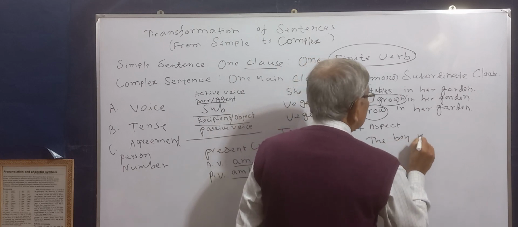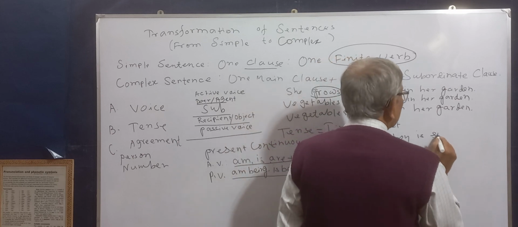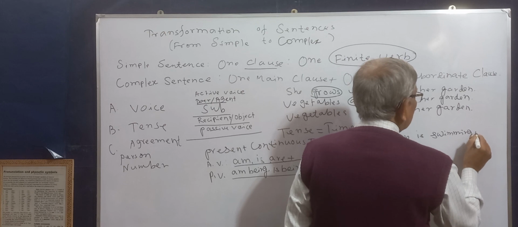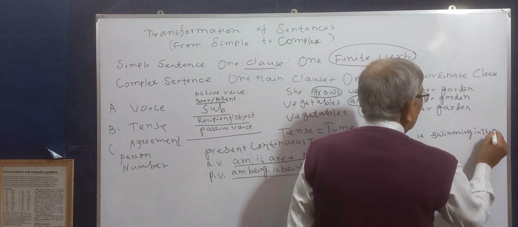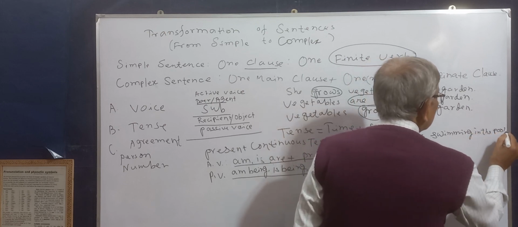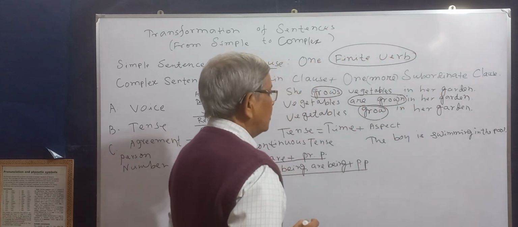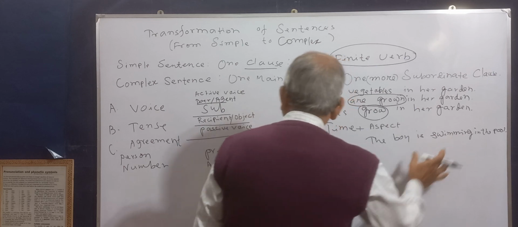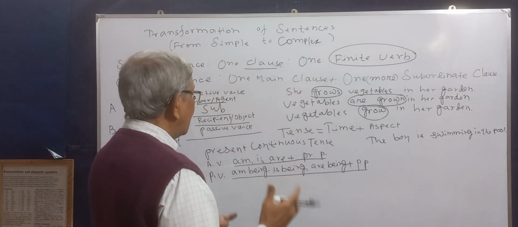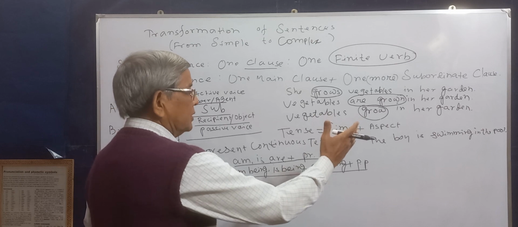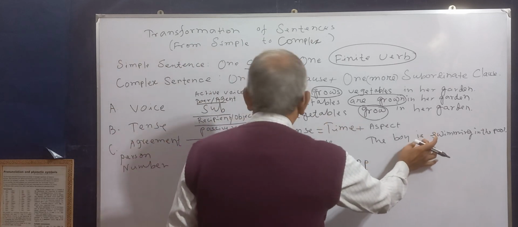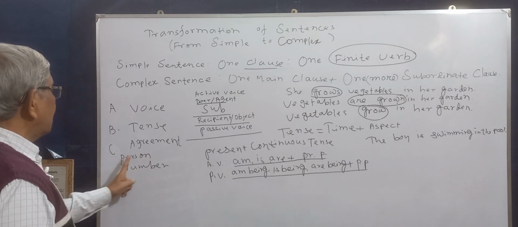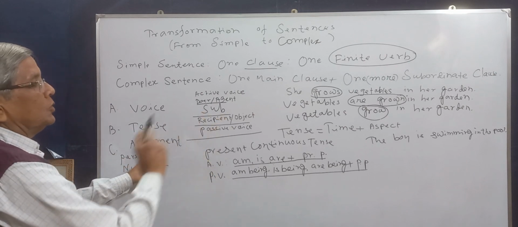So we say, the boy is swimming in the pool. Here, present continuous tense, active voice. Its structure, we know, is am, is, or are with the ing verb form, the present participle. We have chosen is because our subject is third person singular number, and so according to the rule of agreement, we have chosen is.